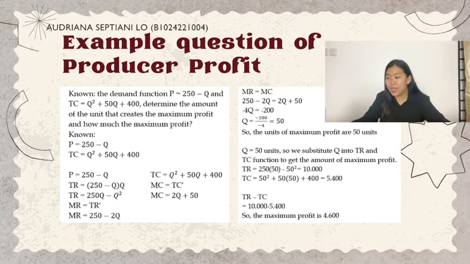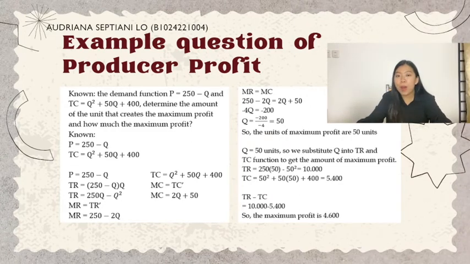And the TC equal to Q power 2 plus 50Q plus 400. So, MC is 2Q plus 50. After finding the MR and MC, we use the formula MR equal to MC to find the amount of the units that create the maximum profit. MR equal to MC.